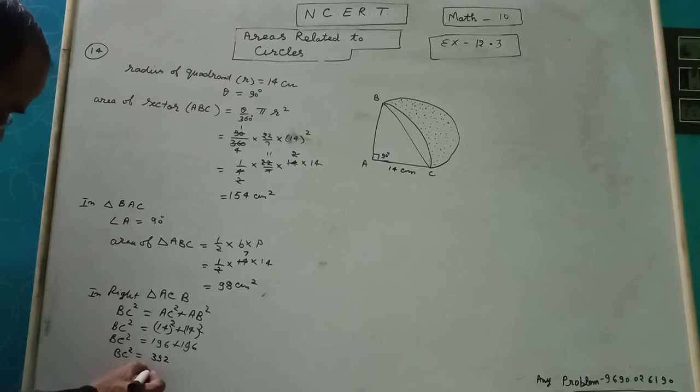BC will be under root 392, that is 14 under root 2.